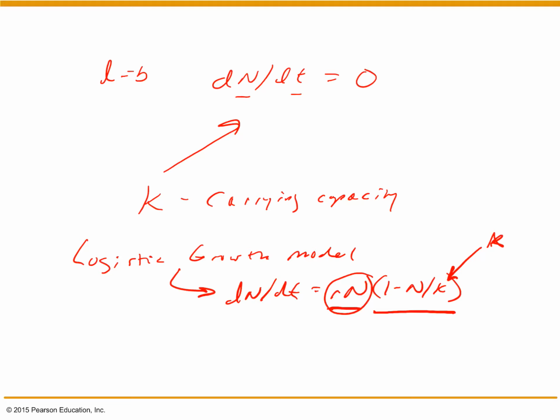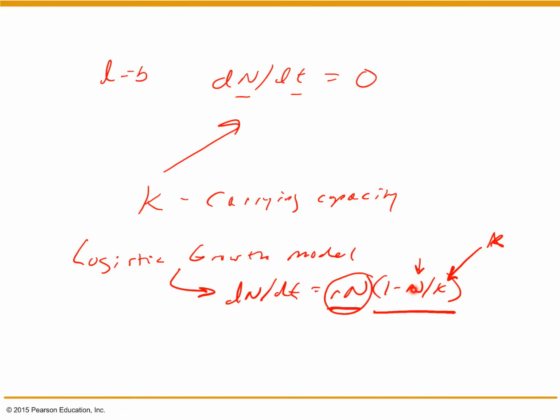So when N is much less than K, the term is close to 1. So think about it. If N is very small and K is large, you divide a small number by a large number, you get a small number. So 1 minus a small number would give you a number very close to 1.